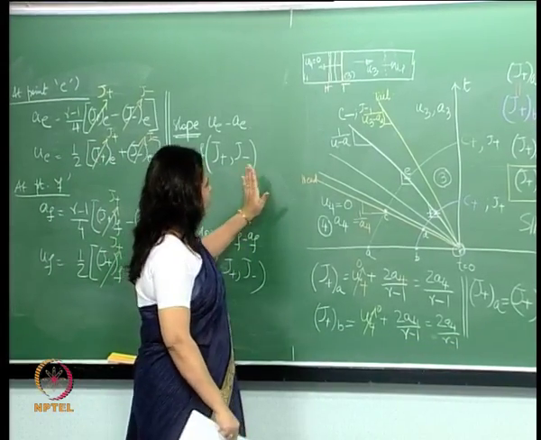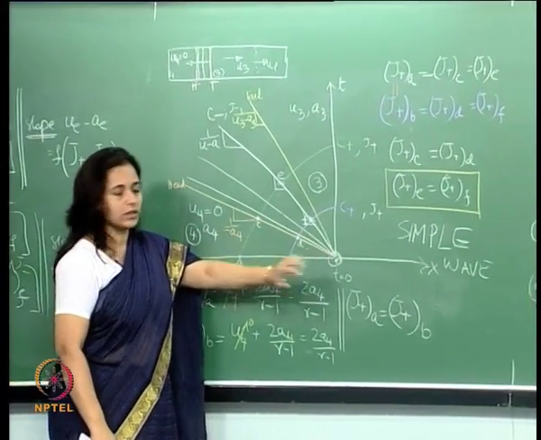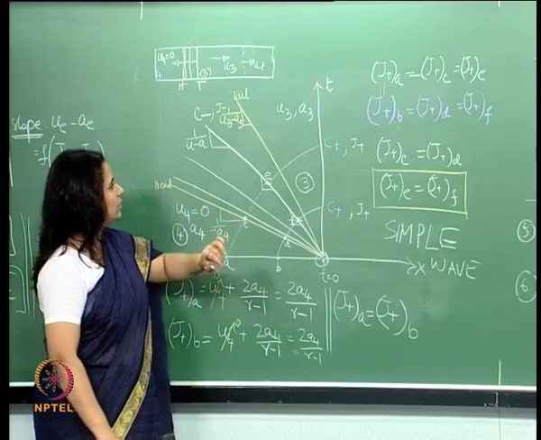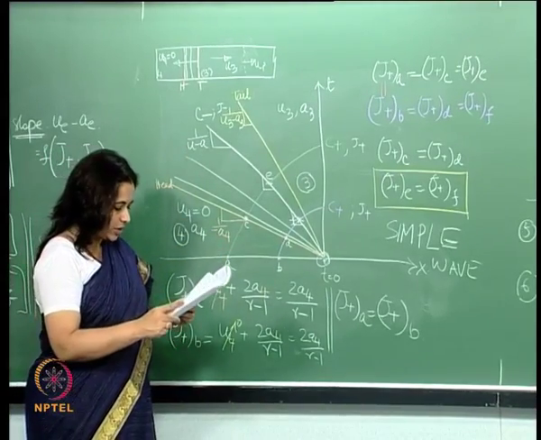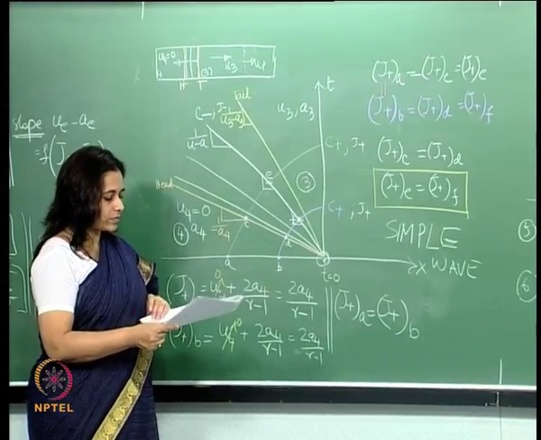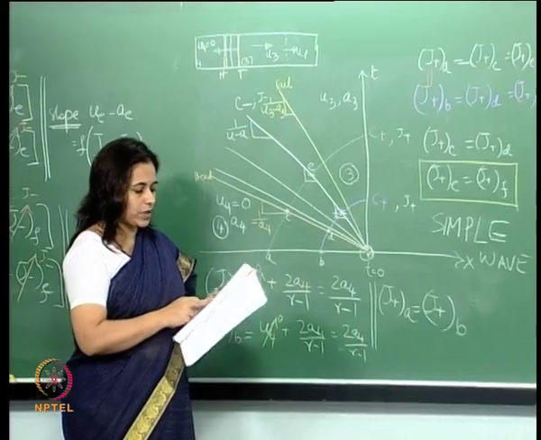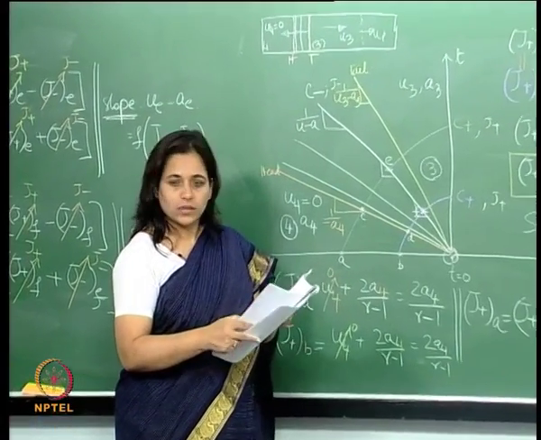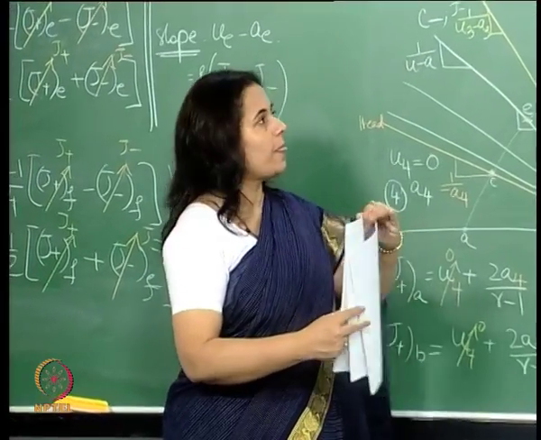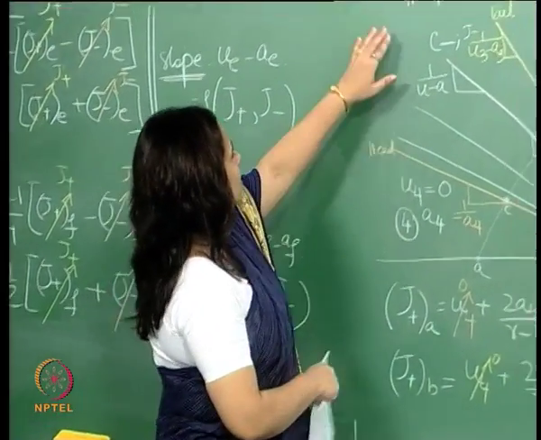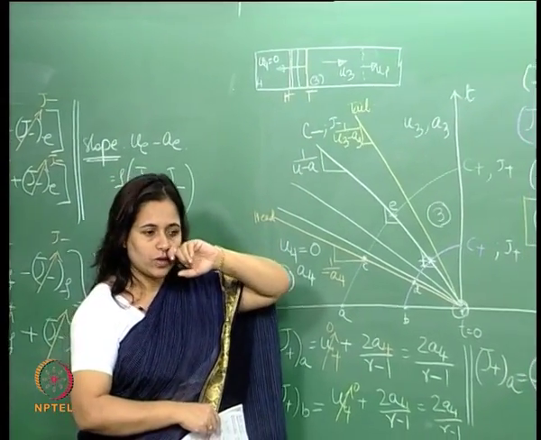Now that we have proved that we basically have a simple wave which is centered at t equal to 0, and these characteristics are straight lines, we will continue with this and get a relation between the properties of the waves, and then we will see how the properties vary when such a wave starts traveling in the shock tube. Okay, thank you.